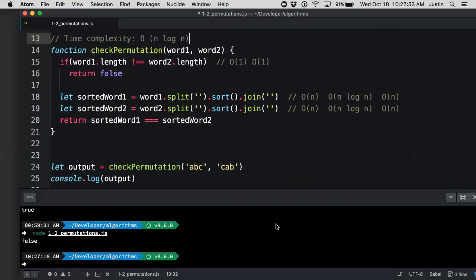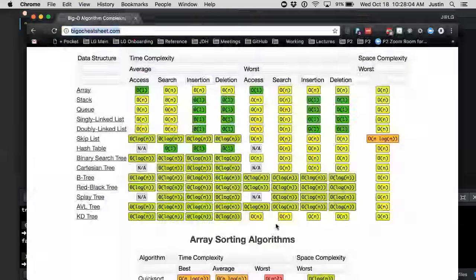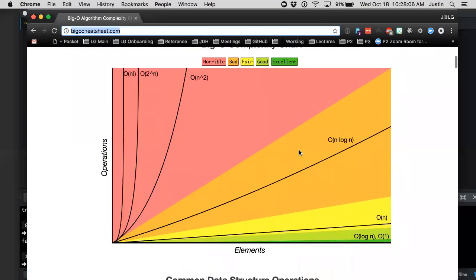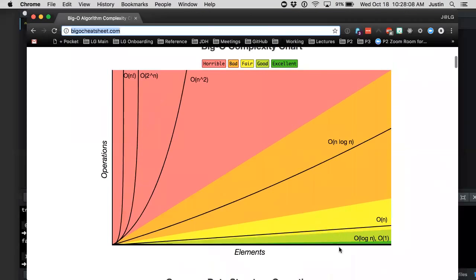Your time complexity actually refers to the order of magnitude time complexity that your algorithm has. And when I say order of magnitude, these are orders of magnitude, right?